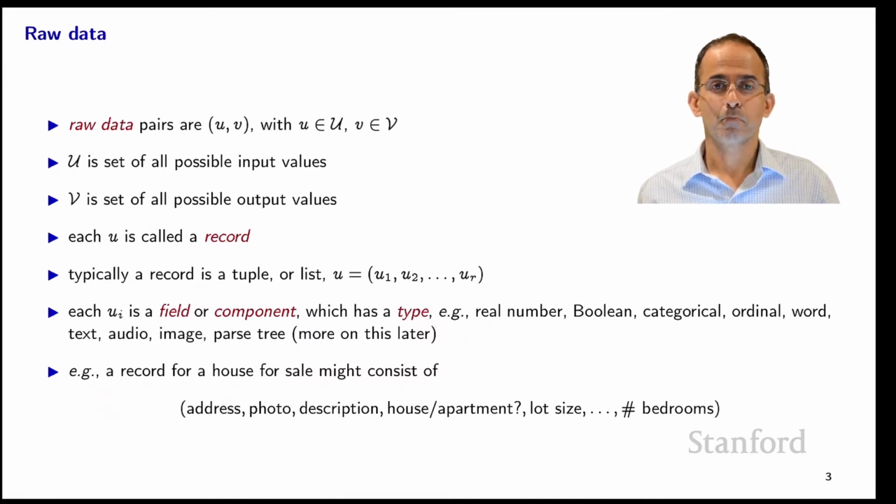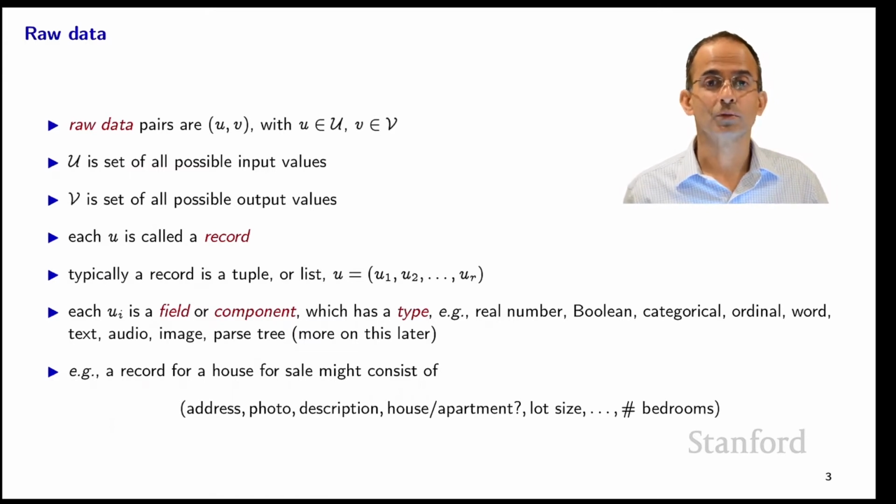The description is text, but even there we might be able to be a little bit more refined about that. We might have descriptions of various parts of the house. We might have standard forms for the description of the house. How we take this data and embed it in vector space is going to affect a lot our ability to make useful predictions using it.